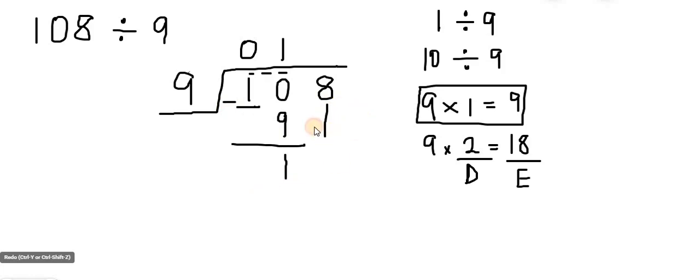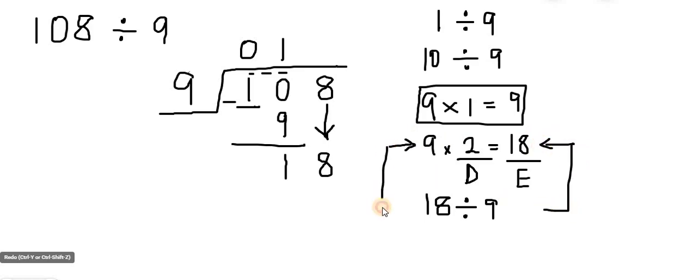So we bring down our 8 for 18. Now the second one is then 18 divided by 9, and surprise, surprise, it's already here. Okay, perfectly equal to 18, so we pick this line here for 18 divided by 9.